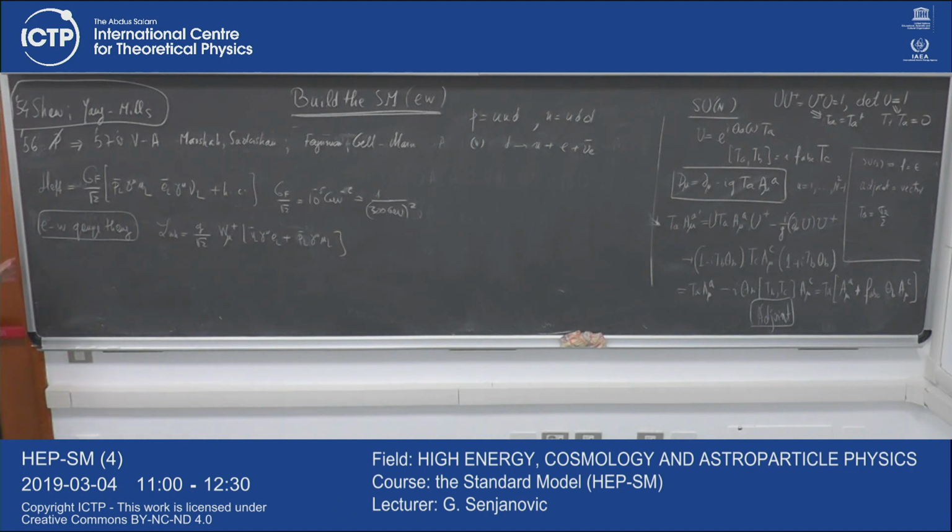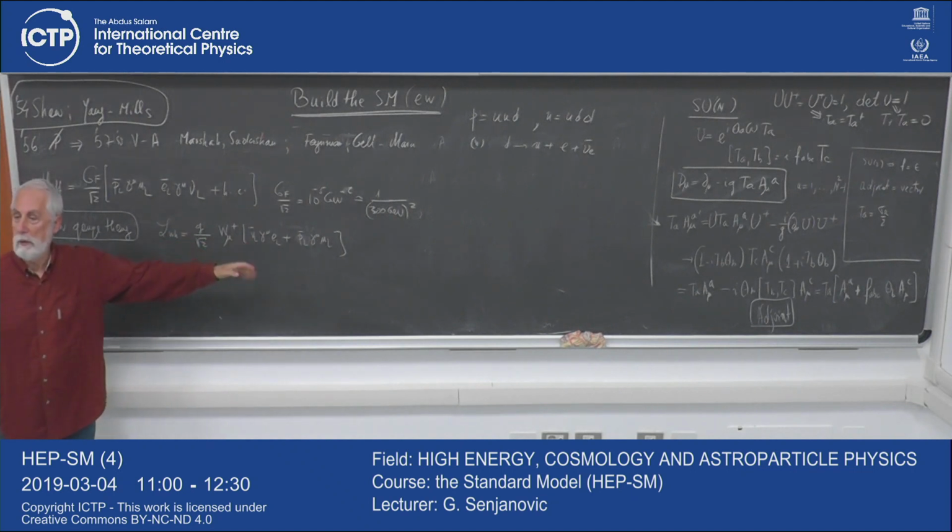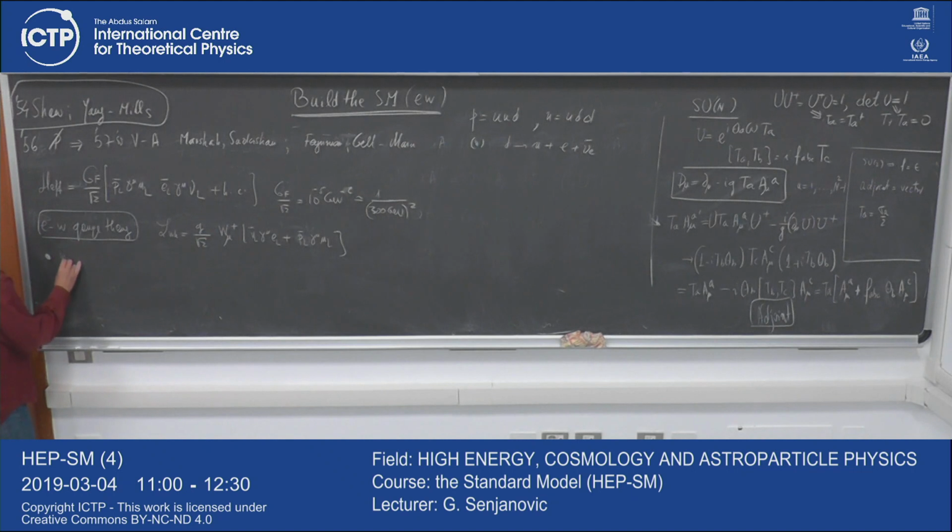And we tried to do that. And what we found out, first, immediate success. We got W. The interaction was produced immediately. W mu plus minus is A1 minus or plus i A2 mu over square root of 2.